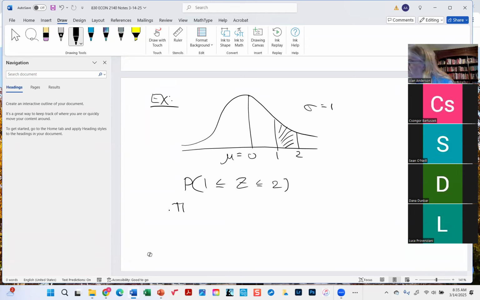So you would go to second, vars. To get to that menu, hopefully you have one of these available today. Second vars gives you a list of distributions. The one you want is number 2, normal CDF.